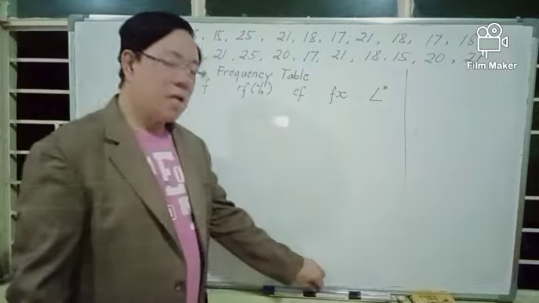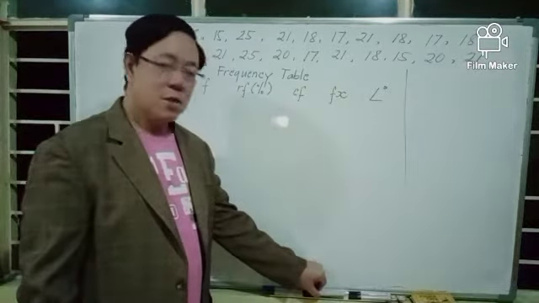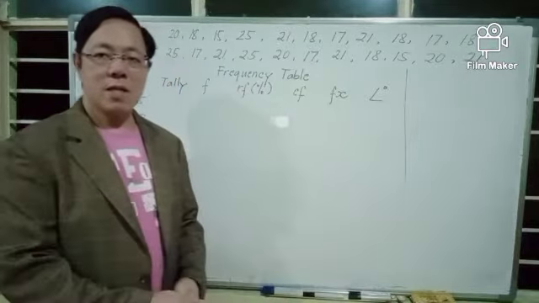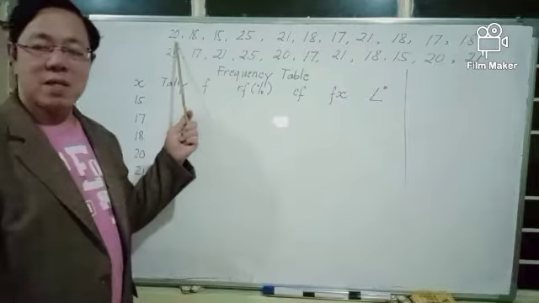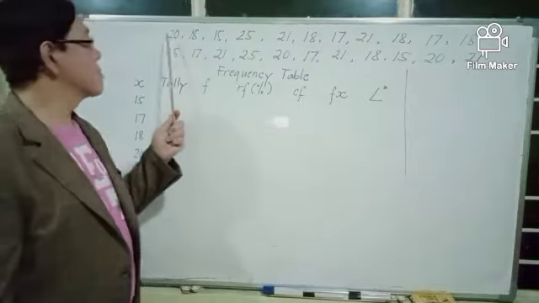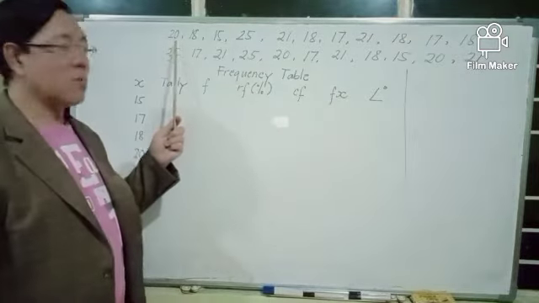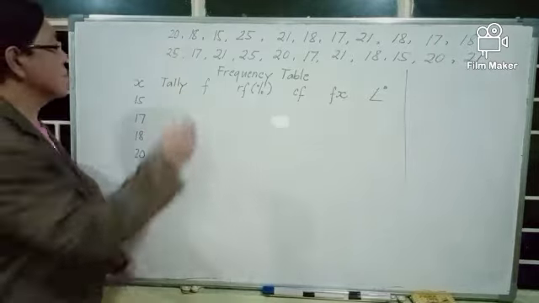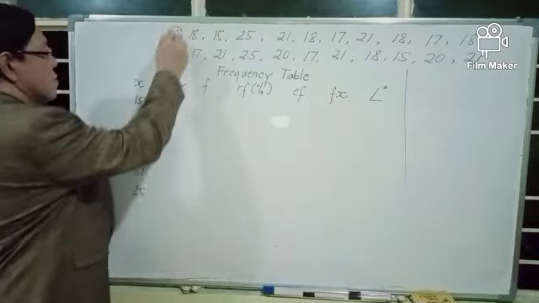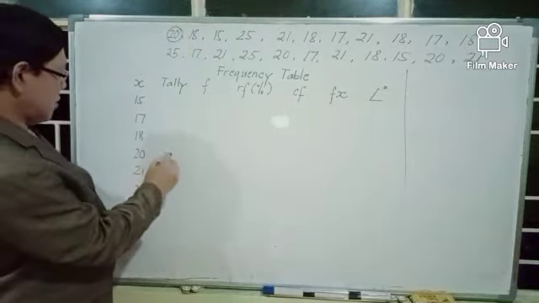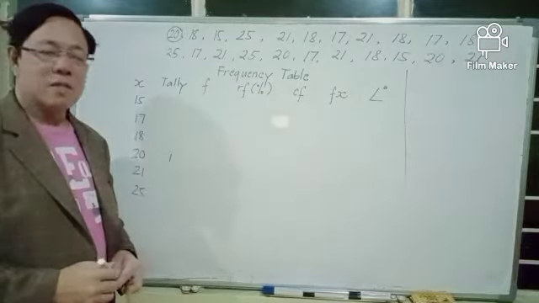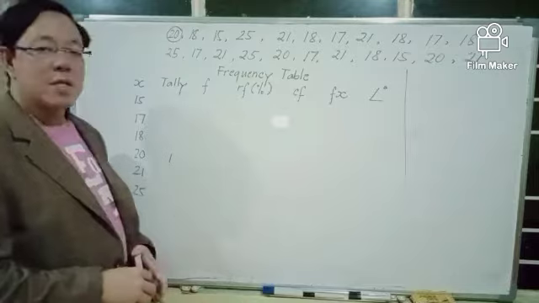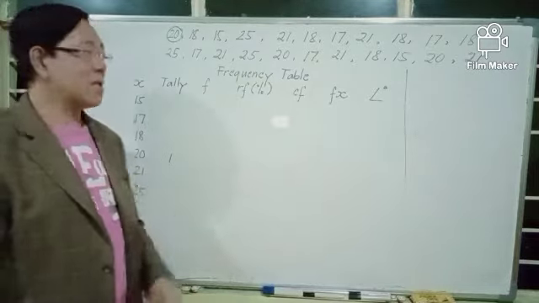Now we tally each score in the second column for each score that appears in the given data. In the given set of scores, we make one tally for 20, and we encircle 20 to indicate that 20 has already been tallied.